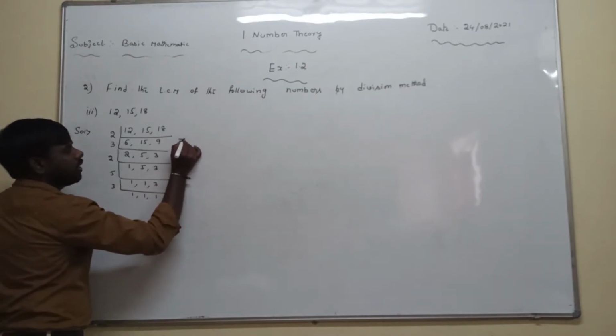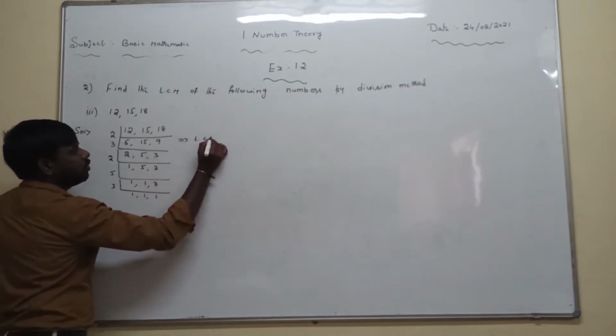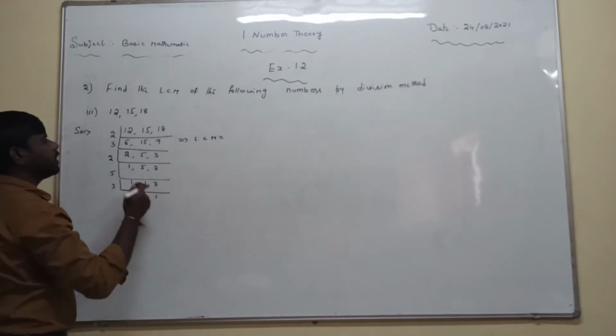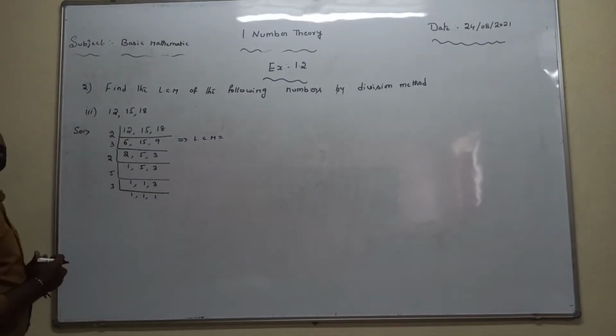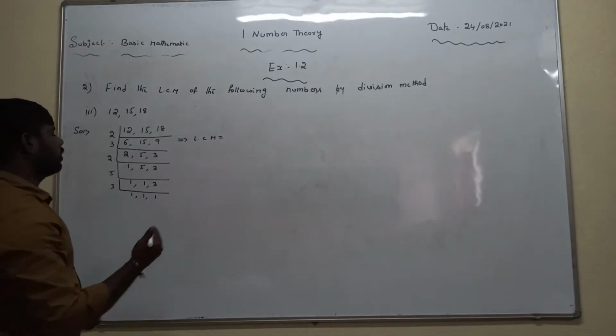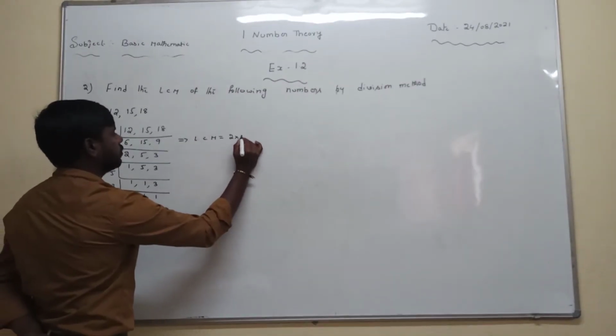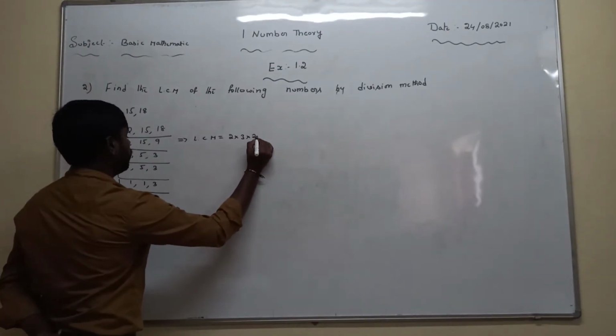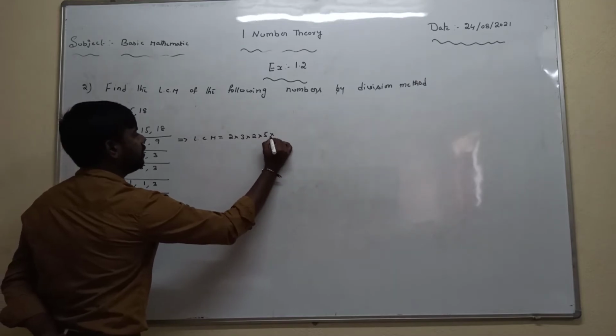Then LCM is equal to the product of all the divisors. What are the divisors here? 2 into 3 into 2 into 3 into 5.